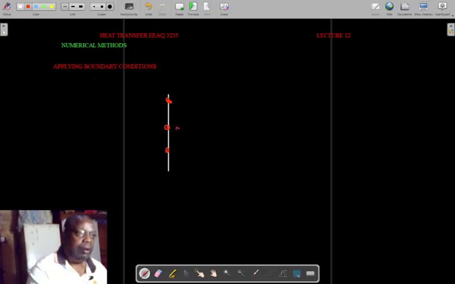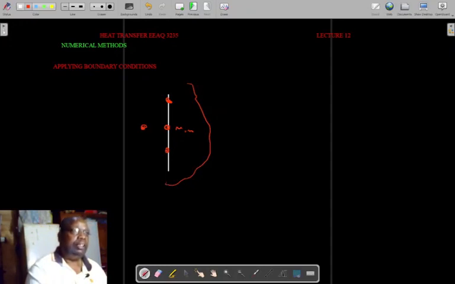So this is our M node. It has two neighbors and another neighbor at the back there. And supposing that there is some convective environment.